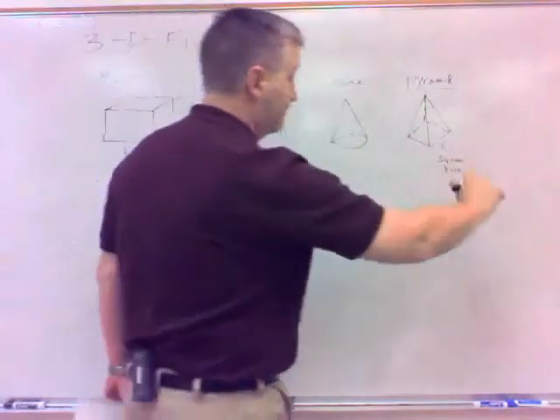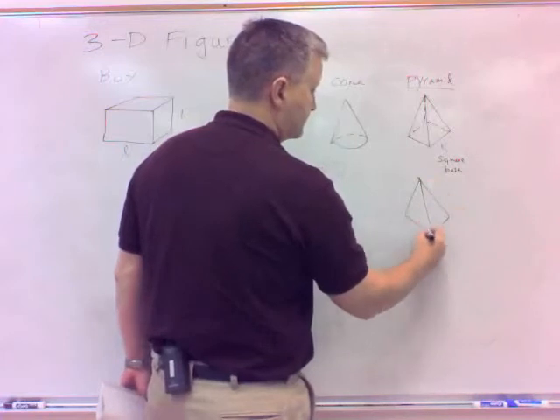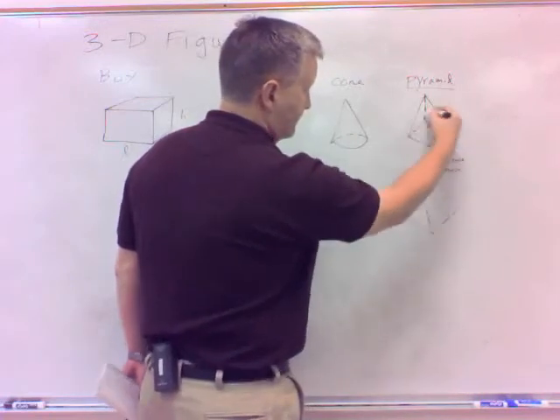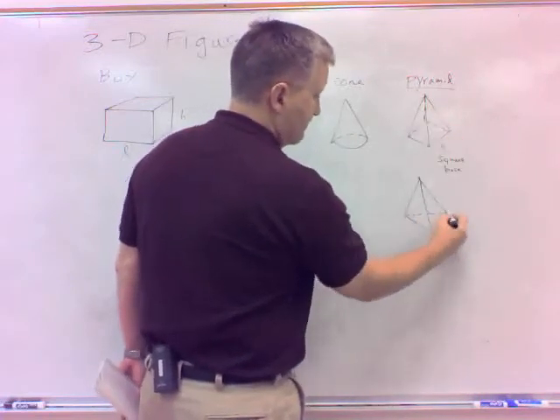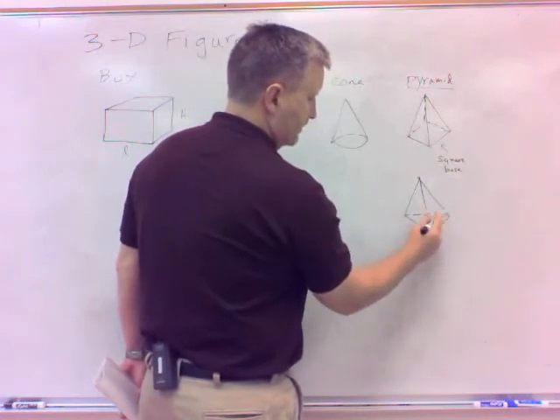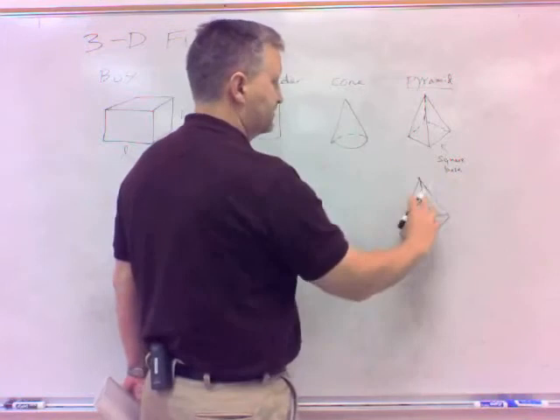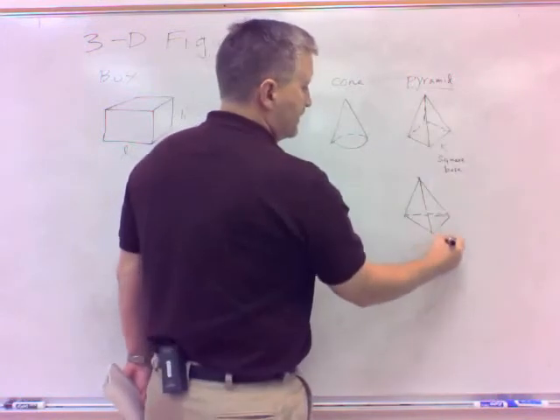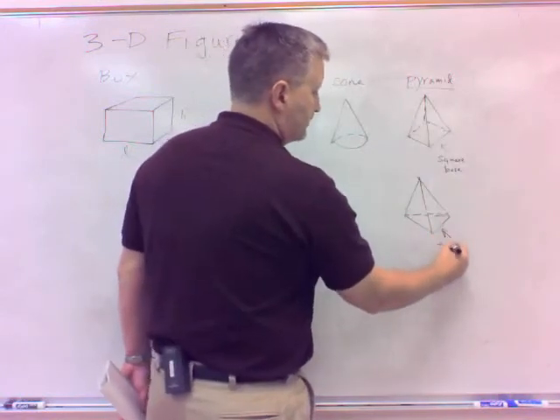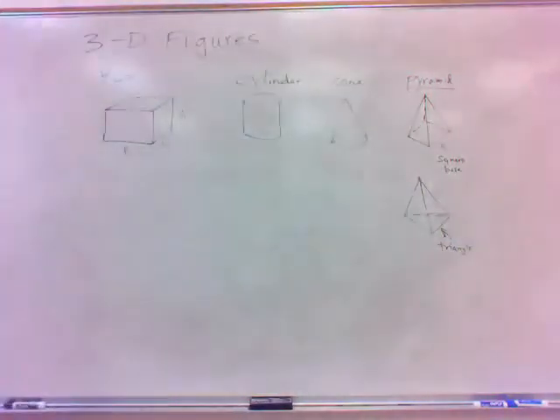We could have a triangular base, where instead of having that square, the base is just a triangle, and so you just have the three sides around there instead of the four. So on pyramids, you can change it up.